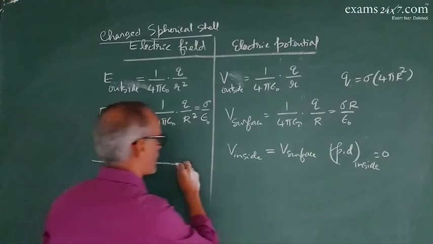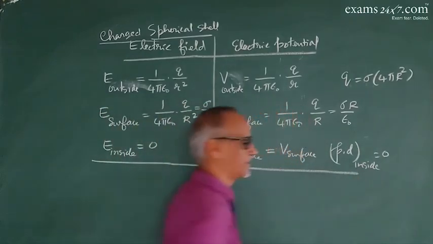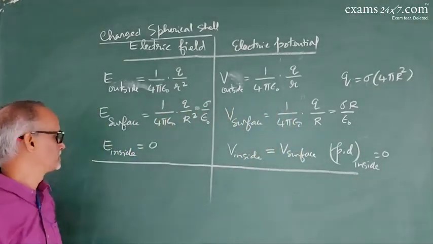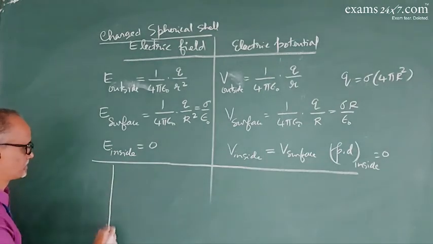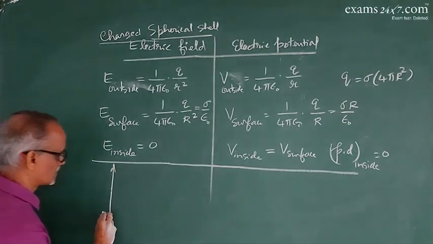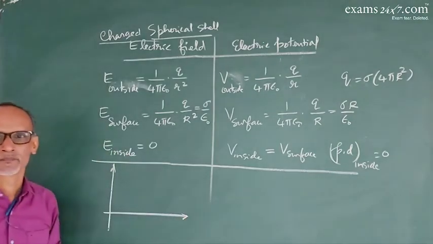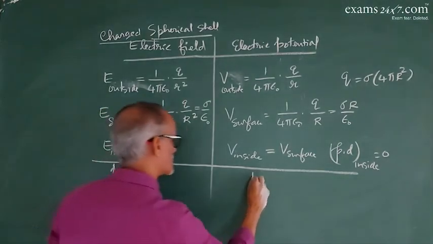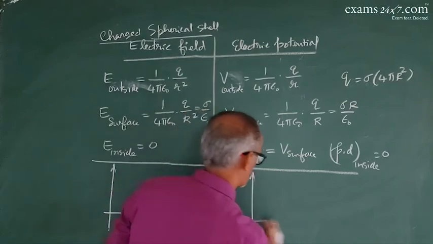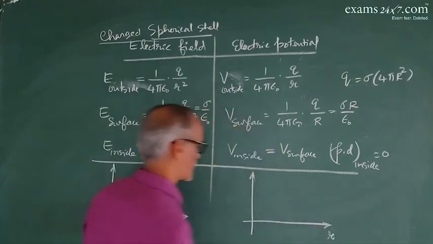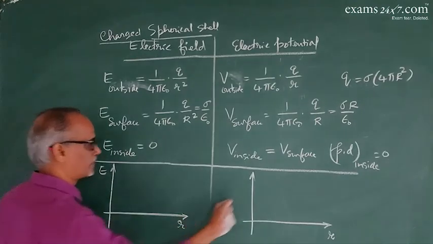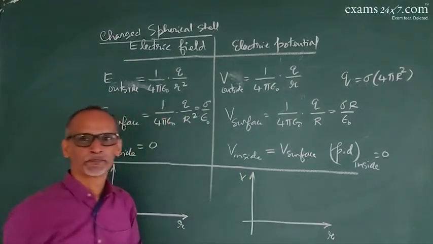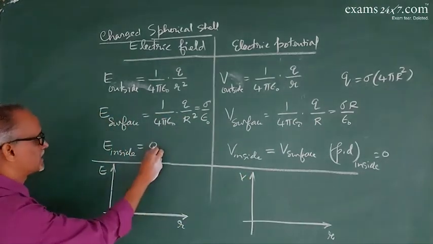The variation of the field as well as the potential can be understood in terms of a graph. Electric field versus distance: inside it is 0.